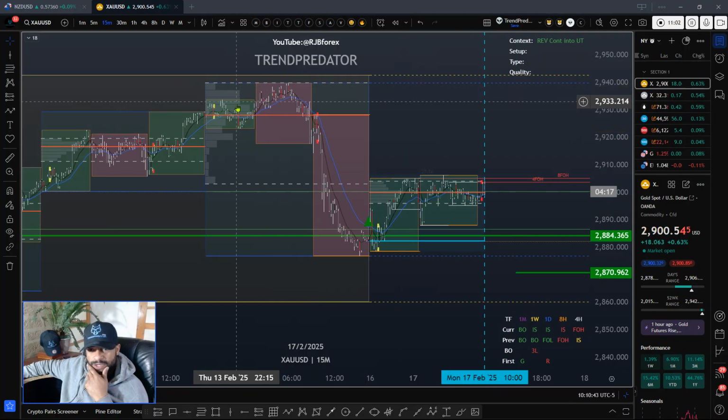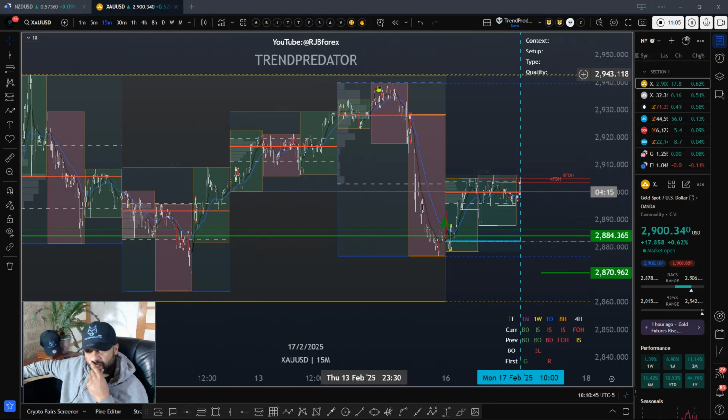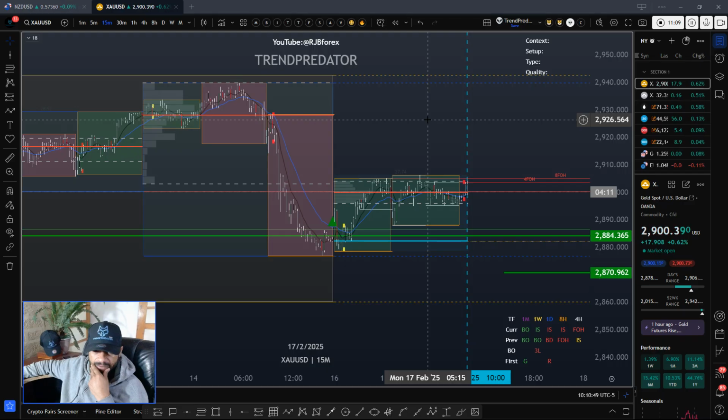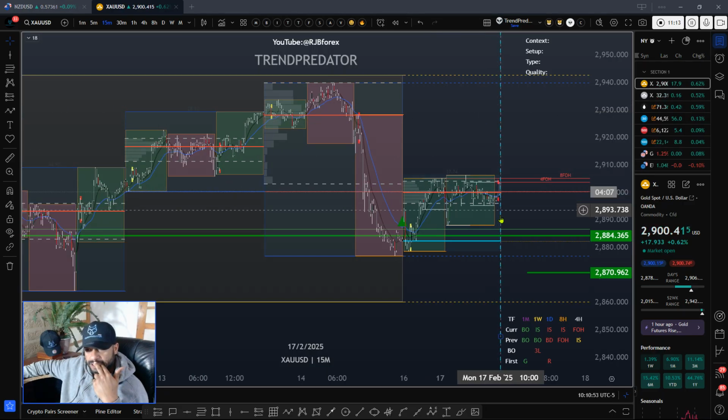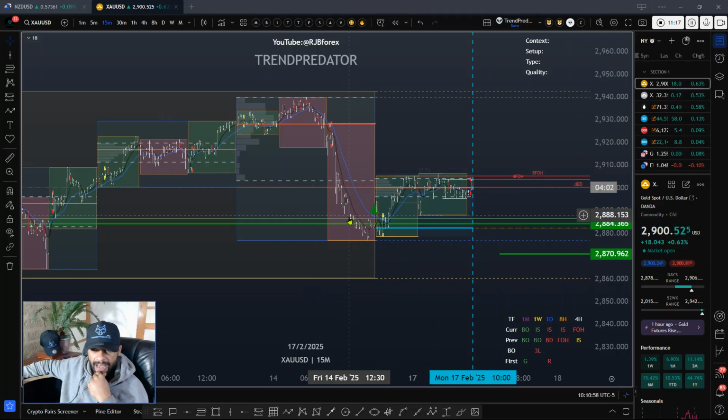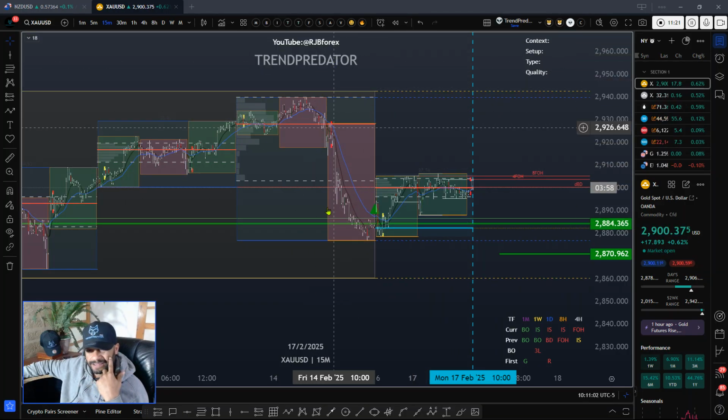And when you look at this, you see these cycles play out over and over again. So Monday typically can be a narrow range day, not always. It can quite easily blow off in the direction of however Friday closed. And that's what I'm in anticipation of today.